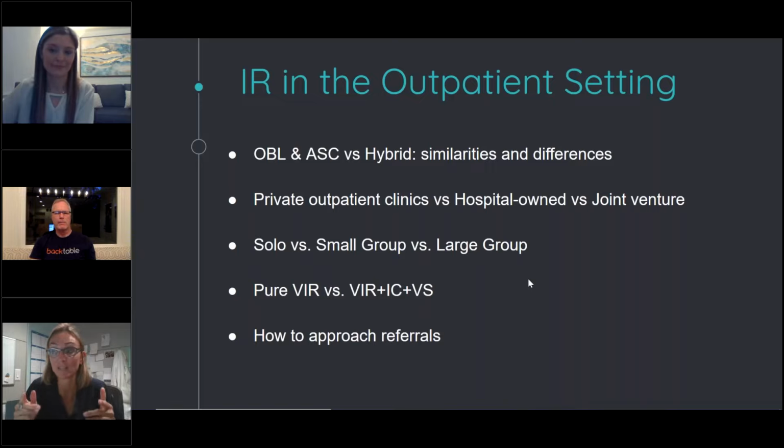Or what's going to happen is somebody's always going to want to make money off of you. So venture capitalists, there are lots of people who will say, I'll build you one of these. Be very cautious of anybody who wants to build you something where you just be the doctor.